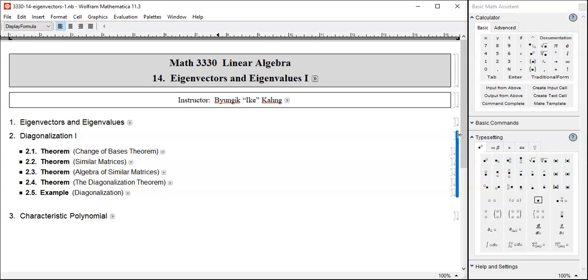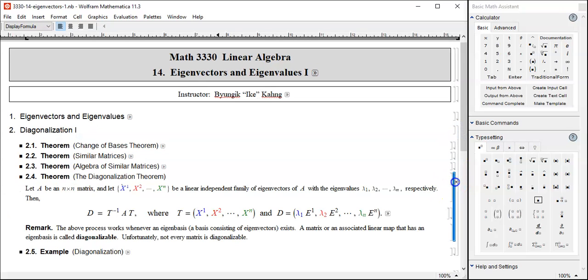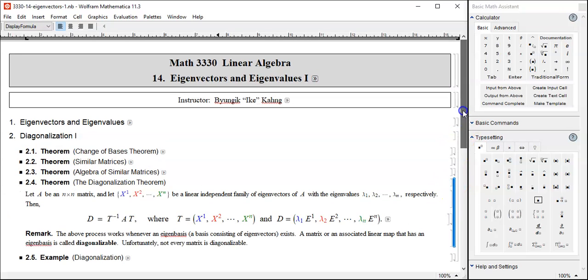So let's have a brief summary here. This is where we're headed. For an n by n matrix, in some cases, and that's rather difficult, under a suitable condition, we can find a basis that consists of eigenvectors only.